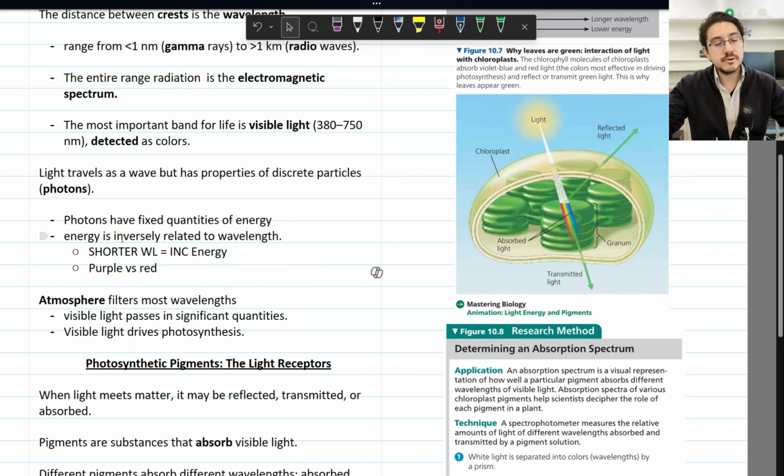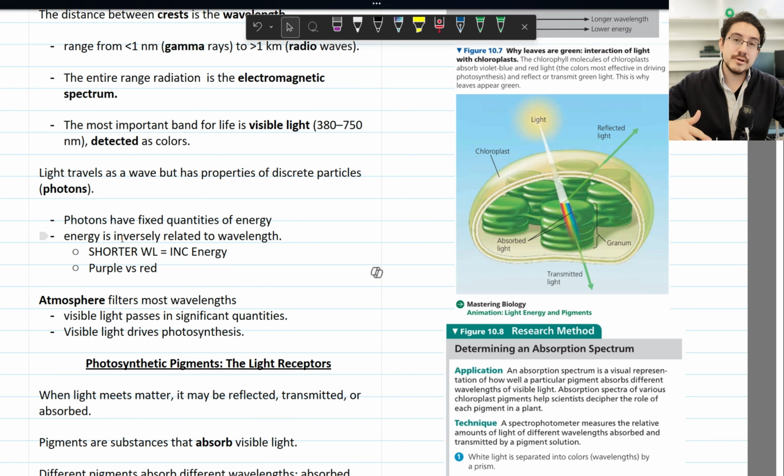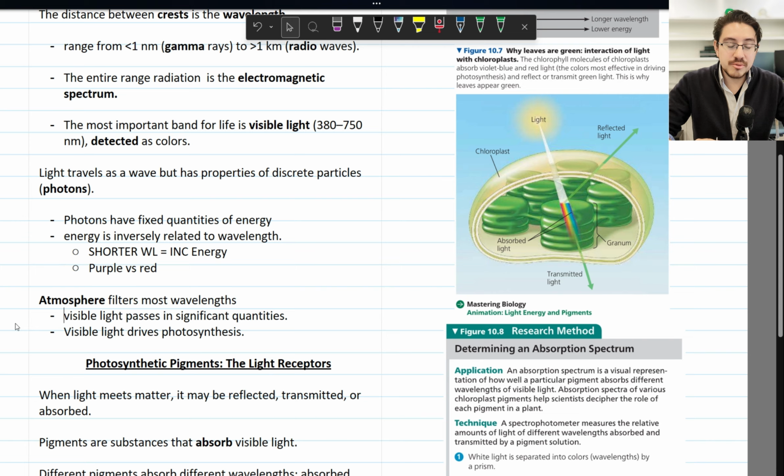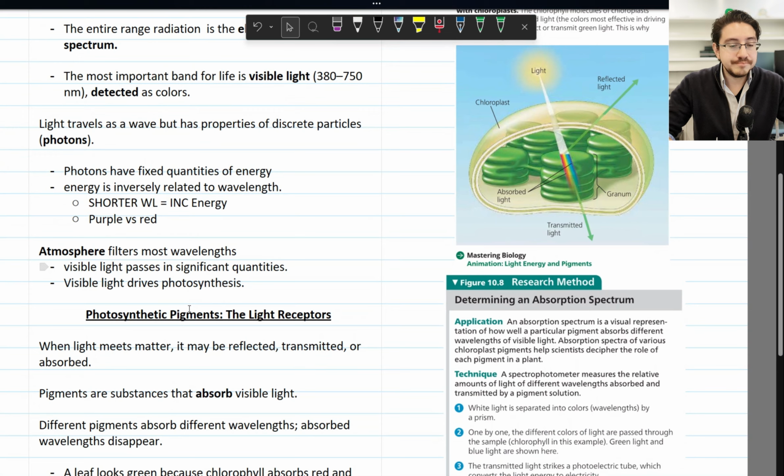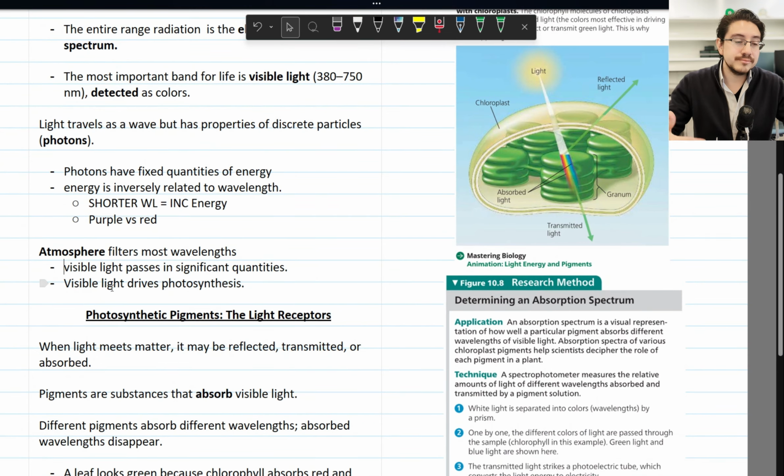As wavelength increases, energy decreases. As wavelength decreases, energy increases. So purple wavelengths versus red wavelengths each have their own amount of energy. The atmosphere, having gases floating around, filters most wavelengths of light.